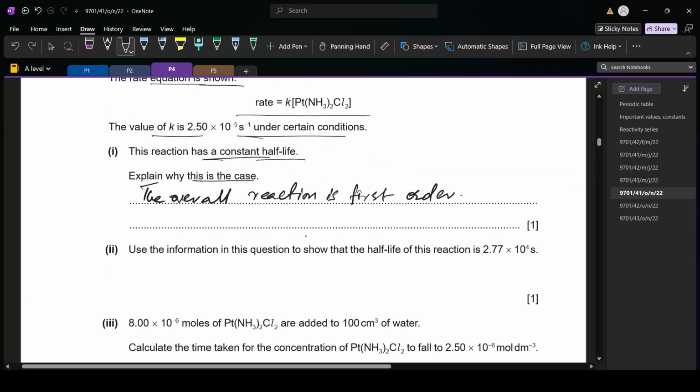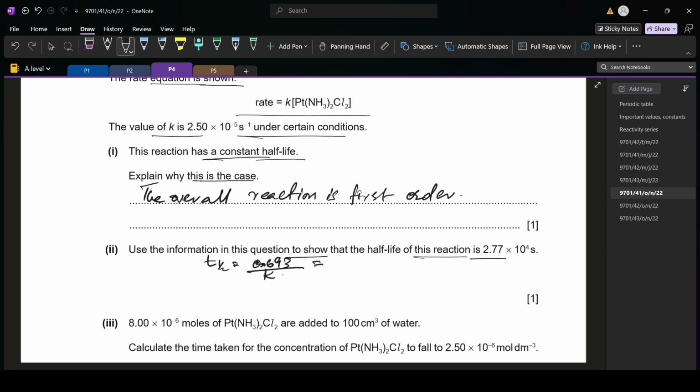Now moving towards the next part: use the information in this question to show that the half-life of this reaction is 2.77 × 10^4. For a first order reaction, the half-life formula is 0.693 divided by k. This is the formula to calculate the half-life for a first order reaction.